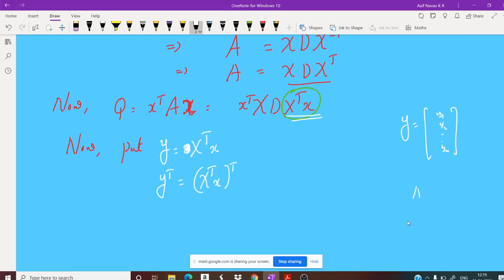We know that (AB) all transpose is B transpose A transpose, right? So this is equal to small x transpose capital X.